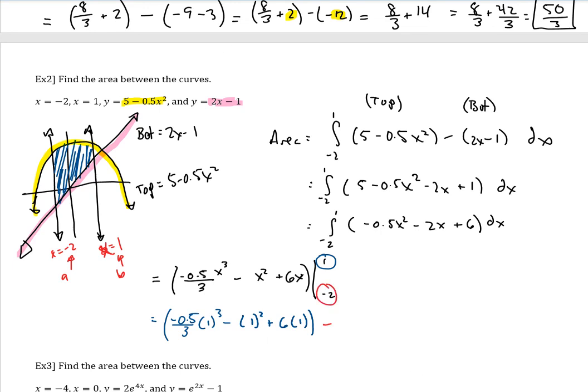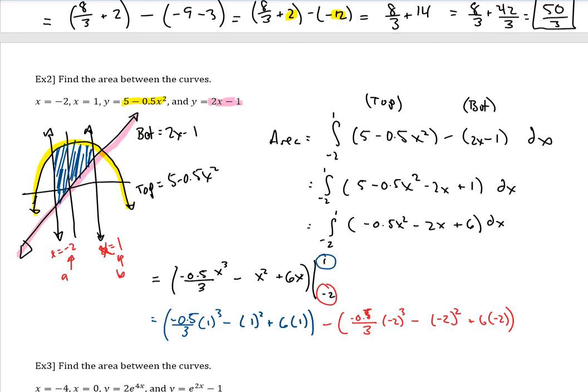So -0.5 over 3 times -2 cubed minus -2 squared plus 6 times -2. All like that.